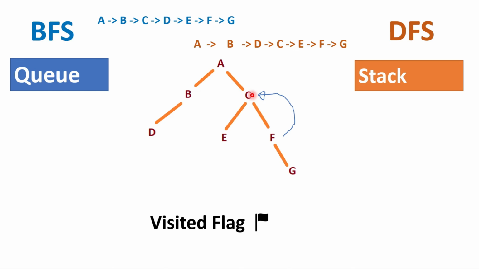So suppose when I come to F, as C is already visited, I will only choose G, I will not choose C. That's why the visited flag plays a big role when solving BFS and DFS algorithms. Generally, this visited flag we maintain as a Boolean array where the length of the array is the number of nodes or vertices.